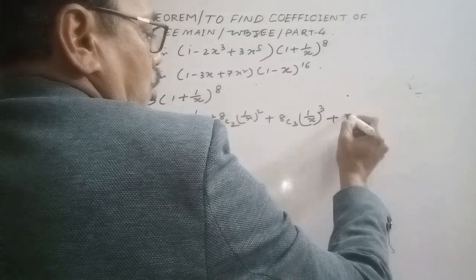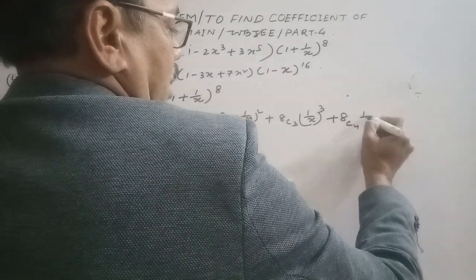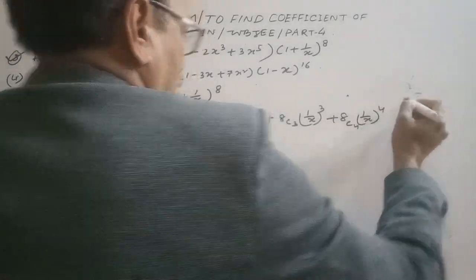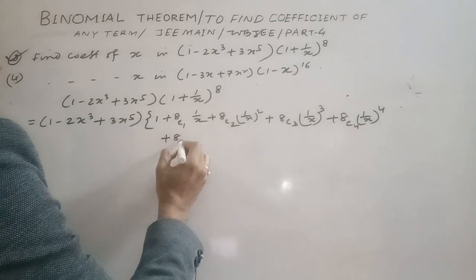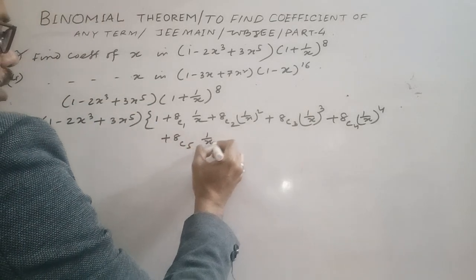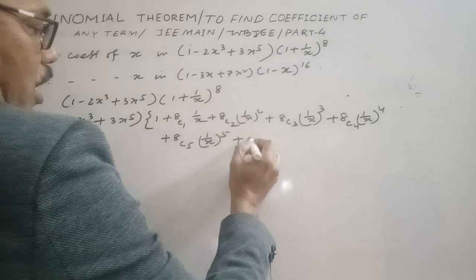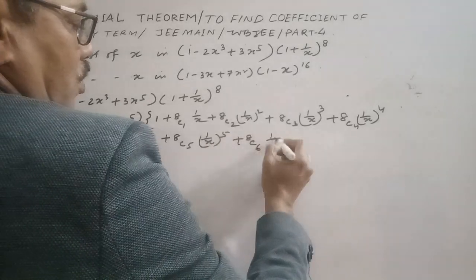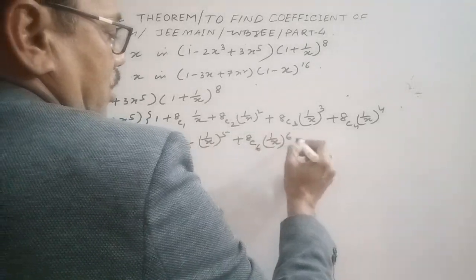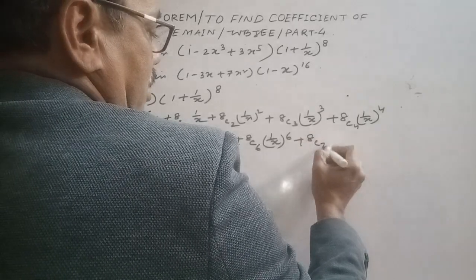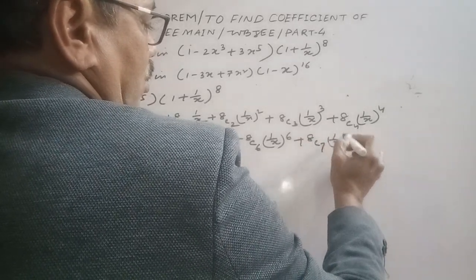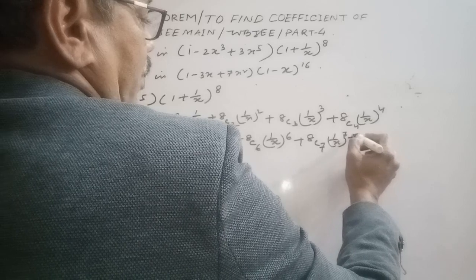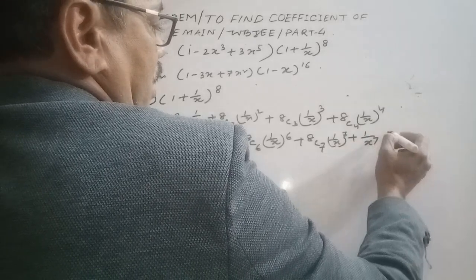Then 8c4 1 by x whole to the power 4. 8c5 1 by x whole to the power 5. 8c6 1 by x whole to the power 6. 8c7 1 by x whole to the power 7. Then 1 by x to the power 8.